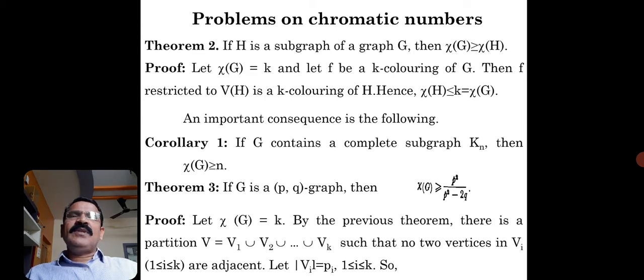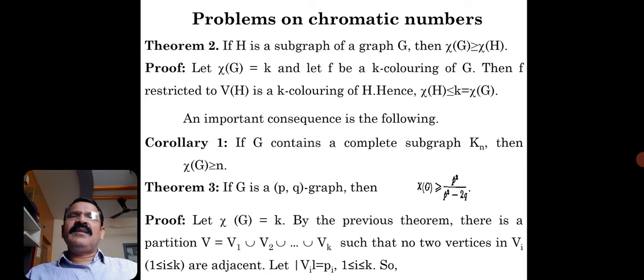And if you find the union of all the subsets of the vertices, it will be the vertex set of the graph G, such that no two vertices in Vi are adjacent. It is very obvious that no two vertices in Vi are adjacent, because in a color class we are considering the vertices of the same color.